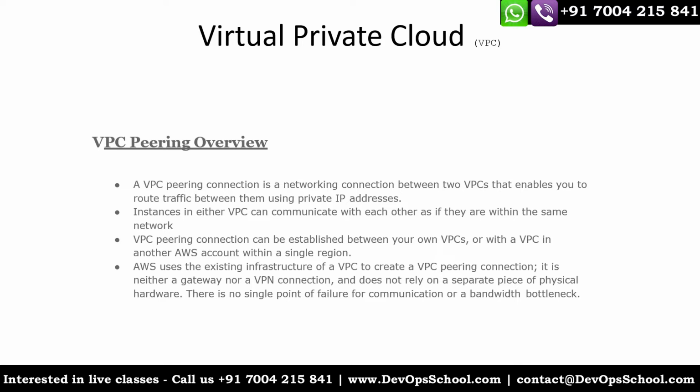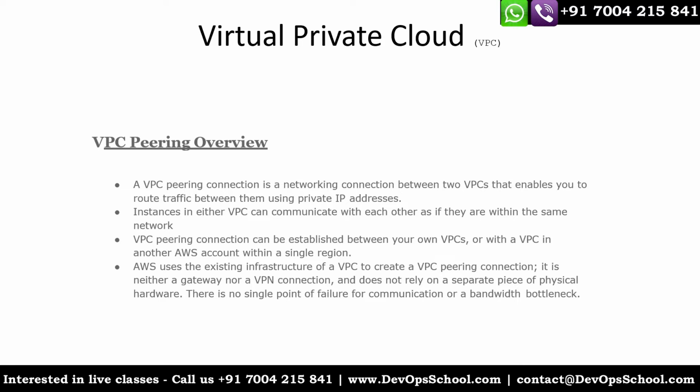Yes. So let's understand that a VPC peering connection is a networking connection between two VPCs that enables you to route traffic between them using private IP addresses, not public. Instances in either VPC can communicate with each other as if they are within the same network. A VPC peering connection can be established between your VPCs or with a VPC in another AWS account within a single region.